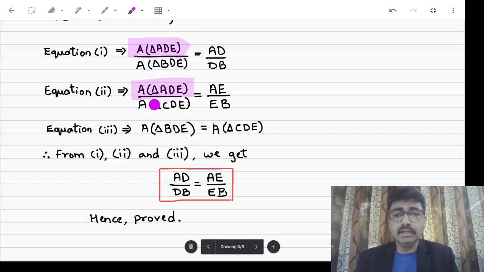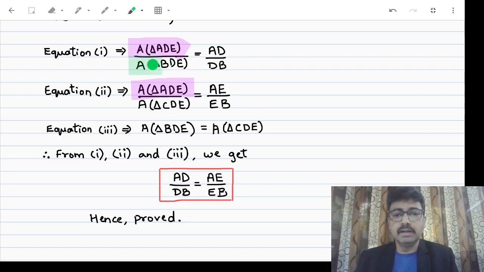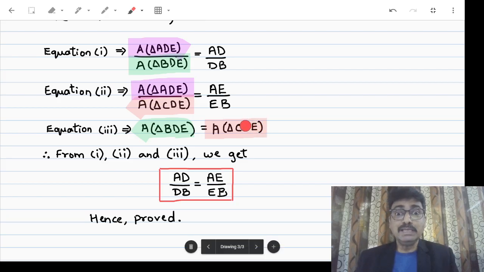But we have proved the denominators equal in the third equation, BDE and CDE. So basically in equations 1 and 2, the left hand side numerators are equal and the denominators are equal. So the entire left hand side is equal.